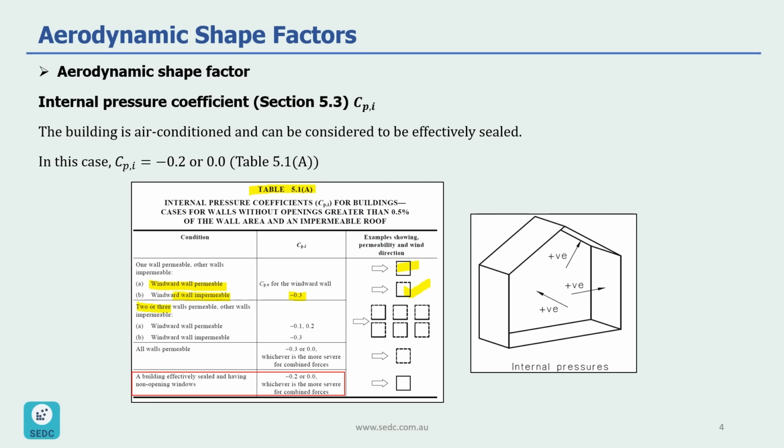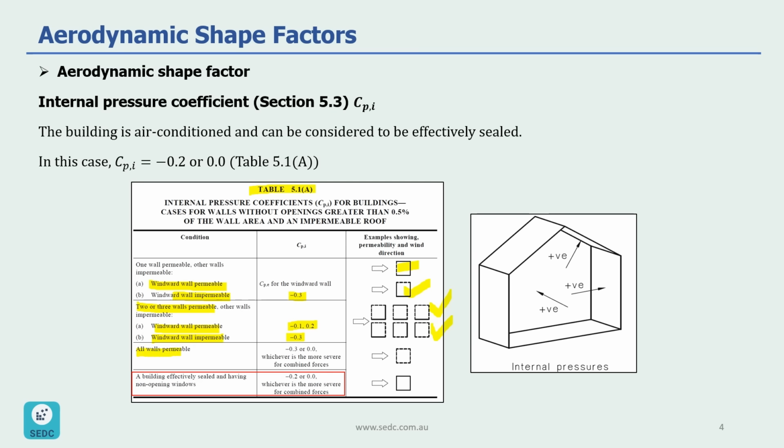If two or three walls are permeable and other walls impermeable, then if the windward wall is permeable, which are these three situations, the CPI would be either negative 0.1 or 0.2. And if the windward wall is impermeable, which are these three situations in here, it would be negative 0.3.